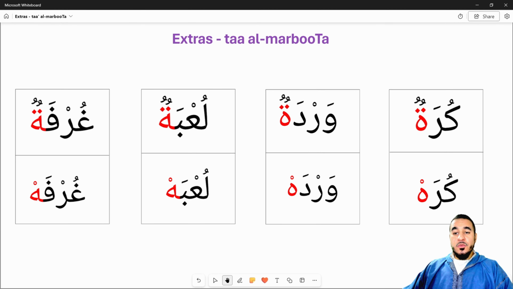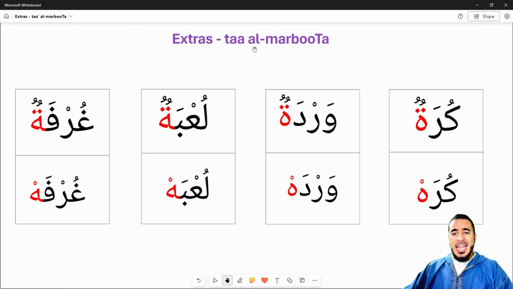In this class, we're going to look at the ta al-marboota. So what is the ta al-marboota? First of all, we've got this word ta in our definition. This is referring to the letter ta, the letter that we're very acquainted with by this stage, so we know it's got something to do with the ta.